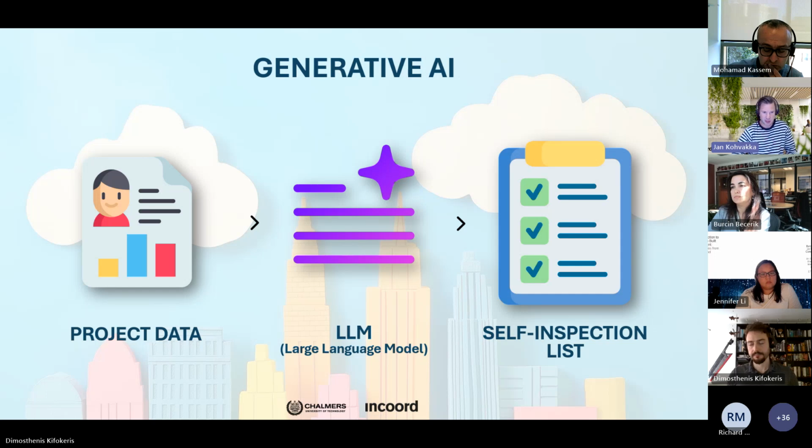On the far left side, instead of having these huge data sets that are needed for machine learning, we can now use very project-specific data that explains what the project is about, and we could also dictate what kind of data we would want from these projects, in order to use the power of LLMs to still achieve the end result on the far right, which is the self-inspection list.